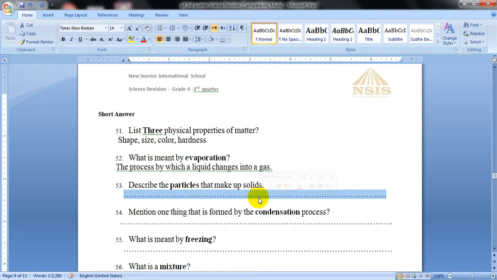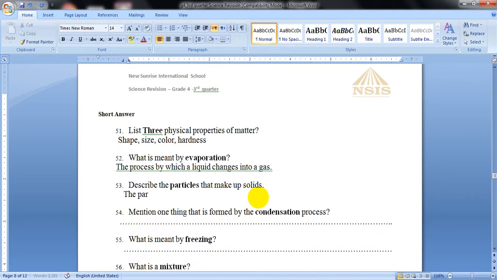As we said, solids have definite shape and definite volume. They do not change at all. So the particles inside a solid matter are close to each other. They just move in their place or vibrate. We cannot feel their motion. So let's describe the particles that make up solids.